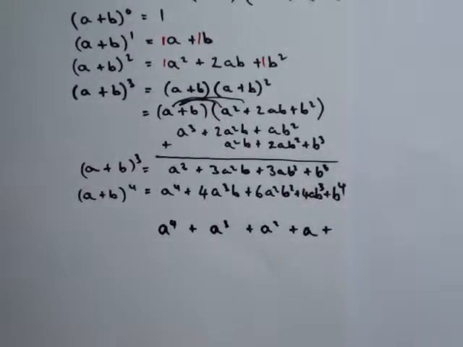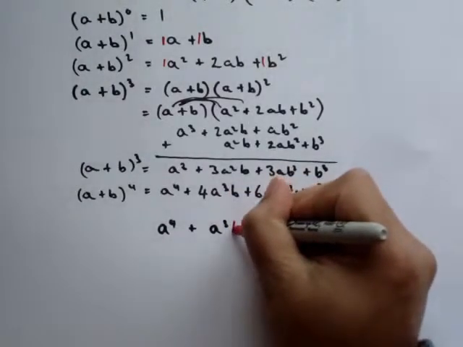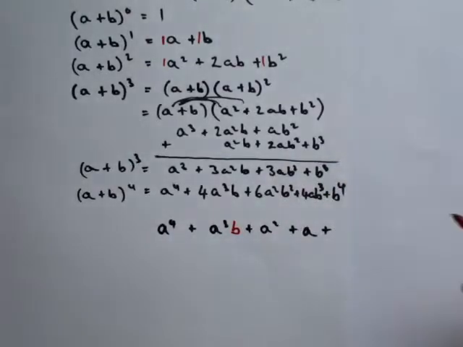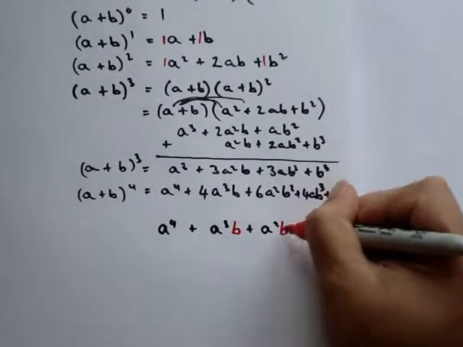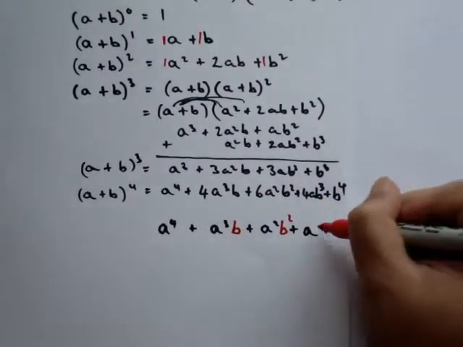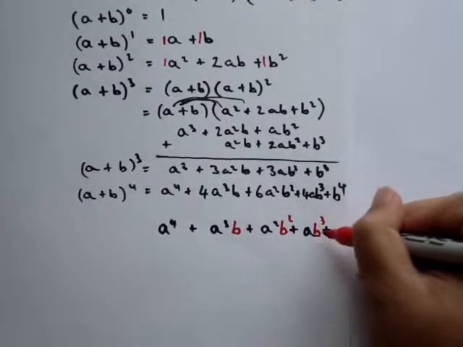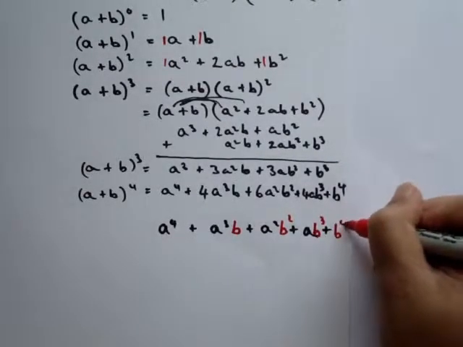And in the b's we've got no b with the a to the power 4, 1b here, b squared here, b cubed here, and b to the power 4 there.